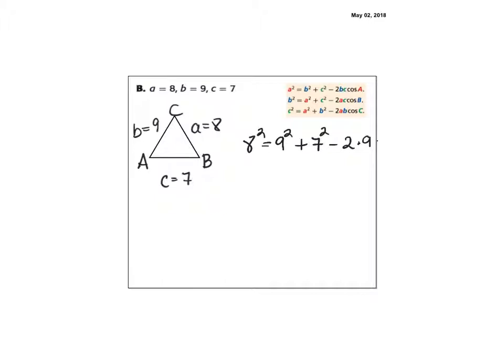Doesn't matter which one because you put first, you're just multiplying them, so just keep consistent. 2 times b, which is 9, times c, which is 7, times the cosine of A.